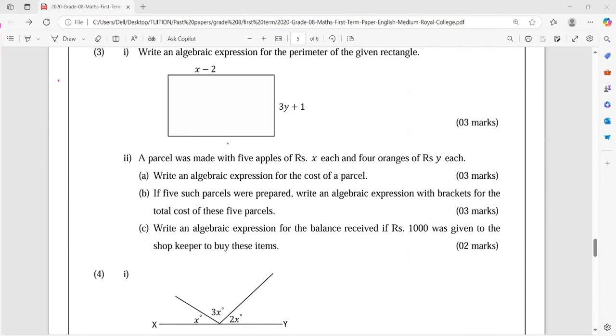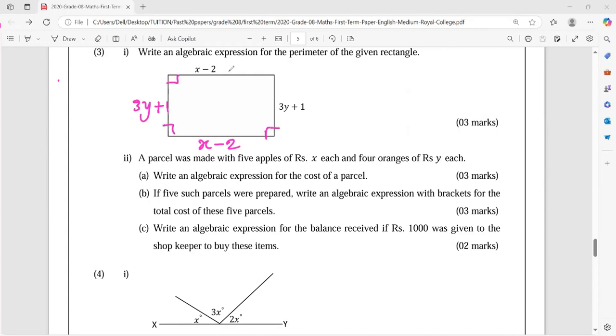If this is x minus 2, and this is also x minus 2, this is 3y plus 1, this is also 3y plus 1, because this is a rectangle, right?